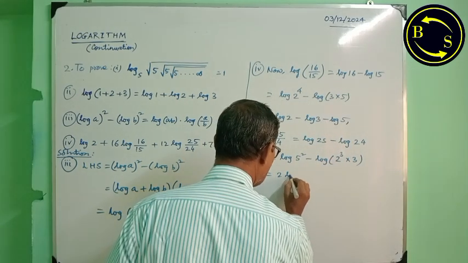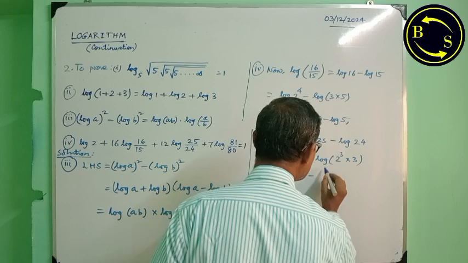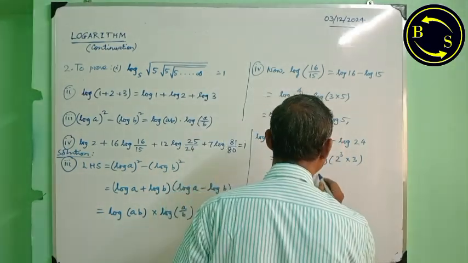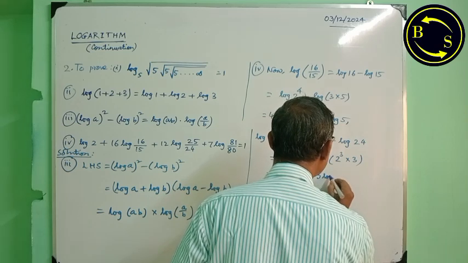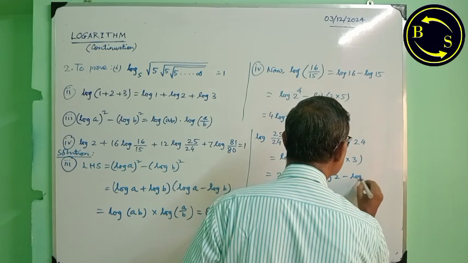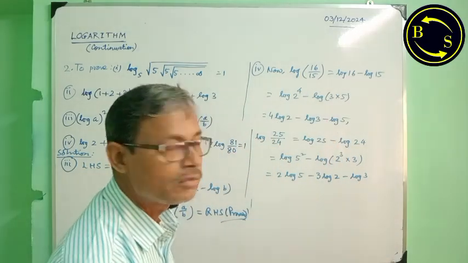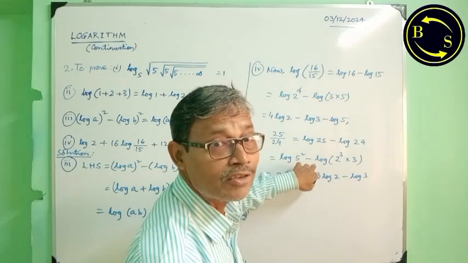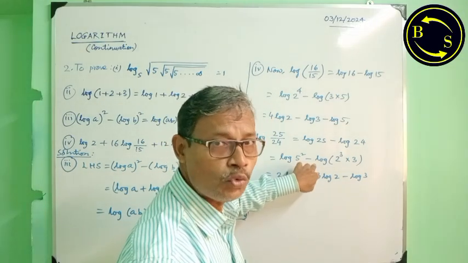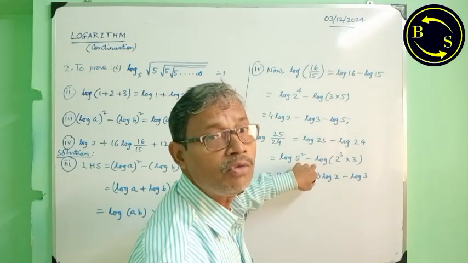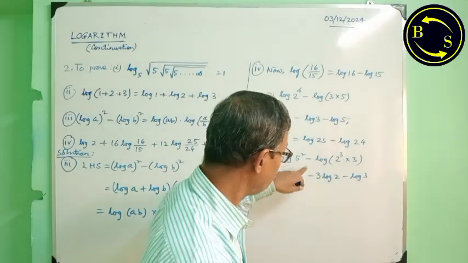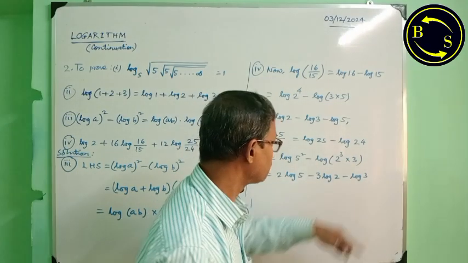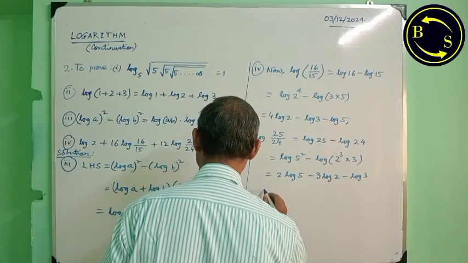Therefore, this will be 2 log 5 minus log of 2 cube plus log of 3. That means it will be 3 log 2 minus log 3. I have calculated mentally. First of all, log of within brackets 2 cube into 3, that is equal to log of 2 cube plus log of 3. Now, if we remove the brackets, since there is a minus sign before the bracket, therefore it will be this.